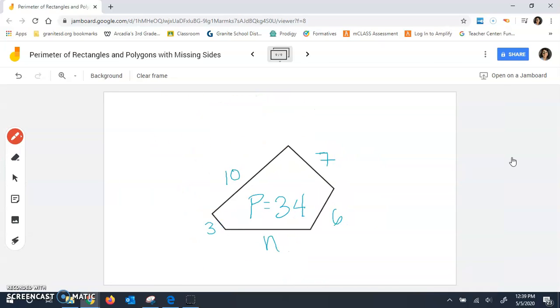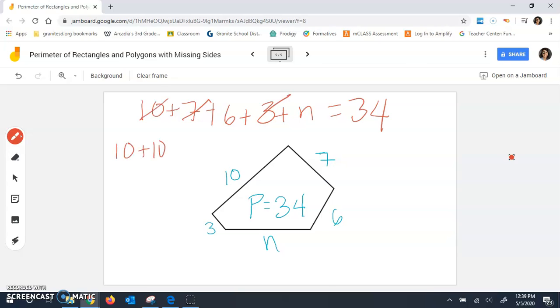Let's do one more here. So our perimeter is equal to 34, and we add 10 plus 7 plus 6 plus 3 plus something, and we're going to get 34. I see right away 7 plus 3 is 10. So 10 plus 10 is 20, plus 6 is 26.